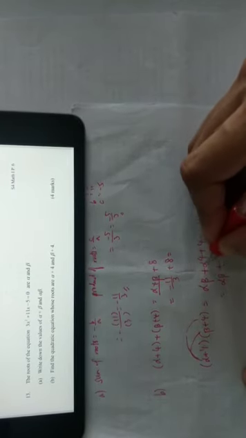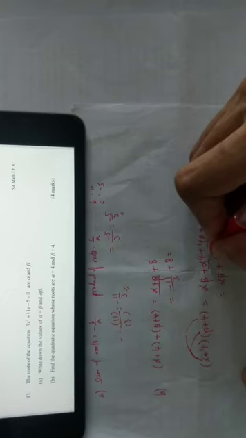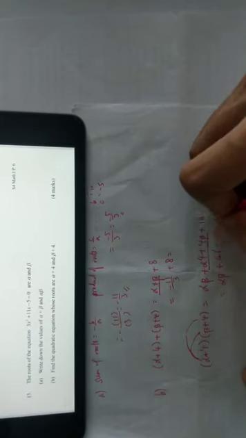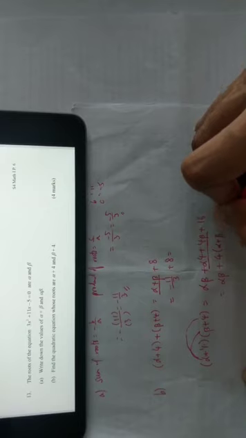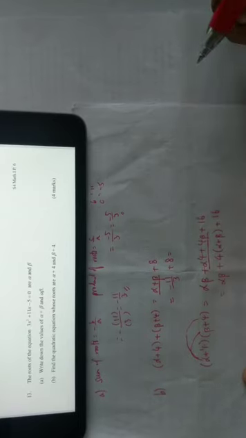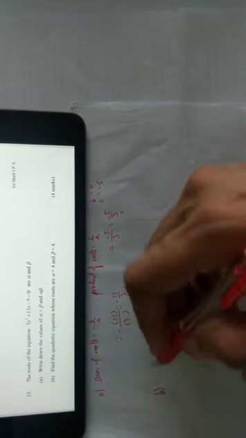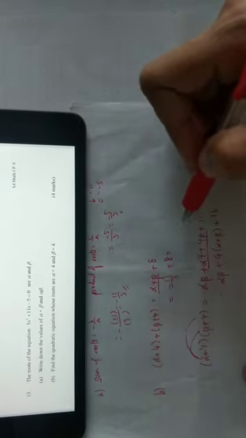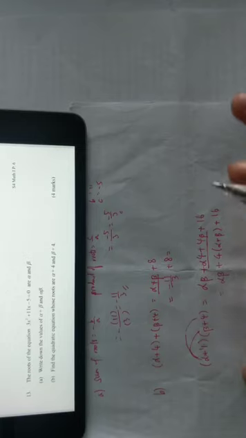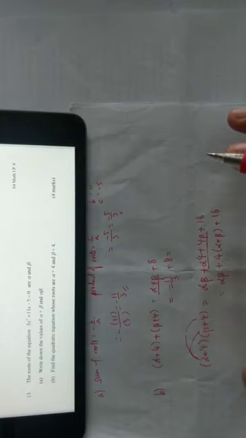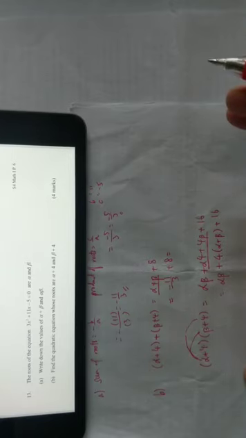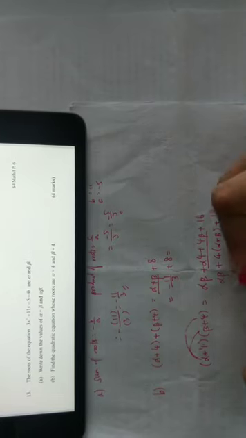Alpha beta plus, there's a common term here of 4. Again, just like what we did in part A, in part B's first section, where you have alpha plus beta and alpha beta. So this question is really simple, but sometimes you have to make use of your identities, where alpha plus beta squared equals alpha squared plus 2 alpha beta plus beta squared. But for this case, it was not needed.